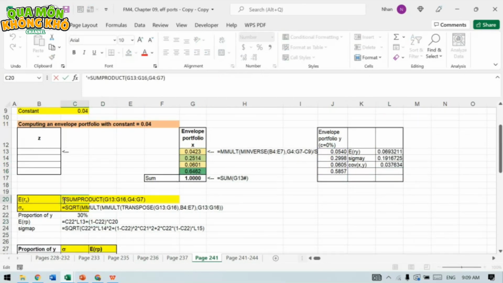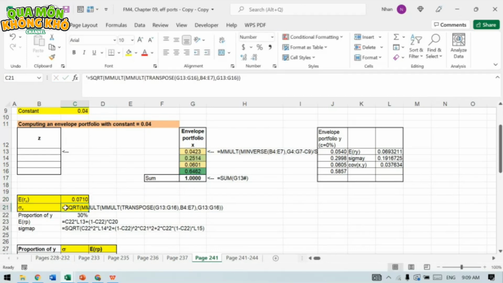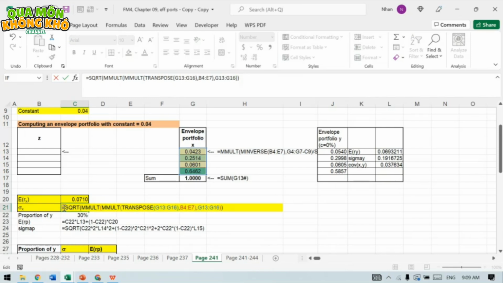And for the expected return of X, I just use the function sum product. And for the standard deviation, I take the square root of the variance.